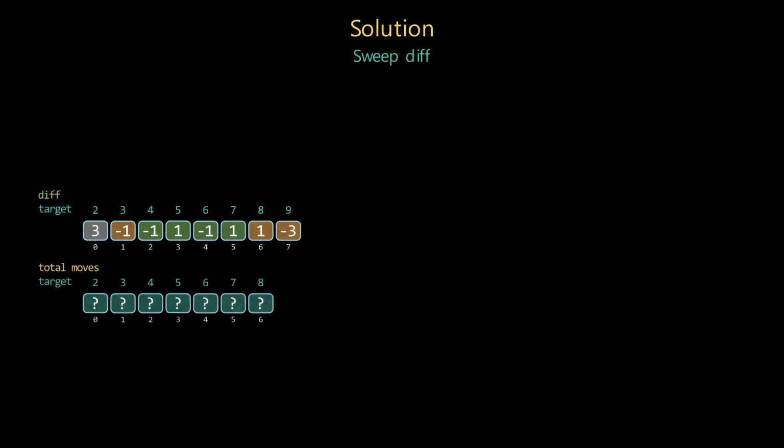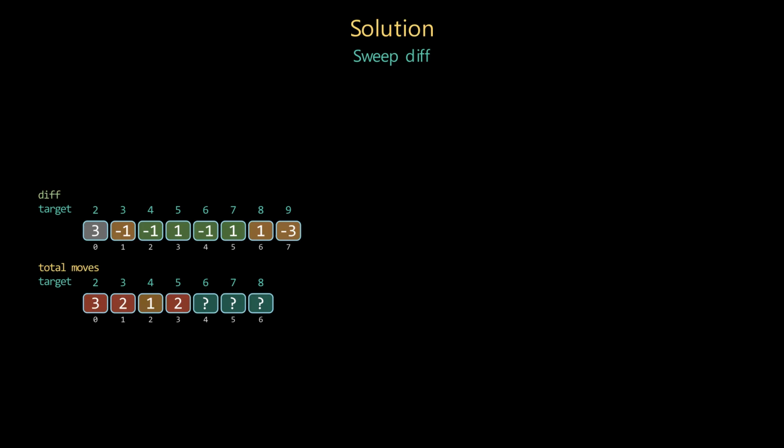After all pairs are written, sweep the difference array from left to right. The running sum gives the total moves for each target. At target 2, the running total becomes 3. At target 3, add -1, so the running total becomes 2. At target 4, add -1, so it becomes 1.